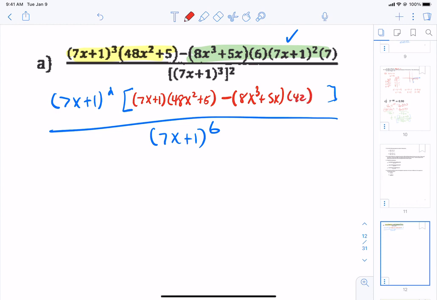Okay? Now, we've accomplished something really nice. It doesn't look like it, but we have. We have 2 of these, and we have 6 of these. So we can cancel out 2 from each. How many of those 7x plus 1s would we have left in the bottom if we cancel 2 from the top and from the bottom?